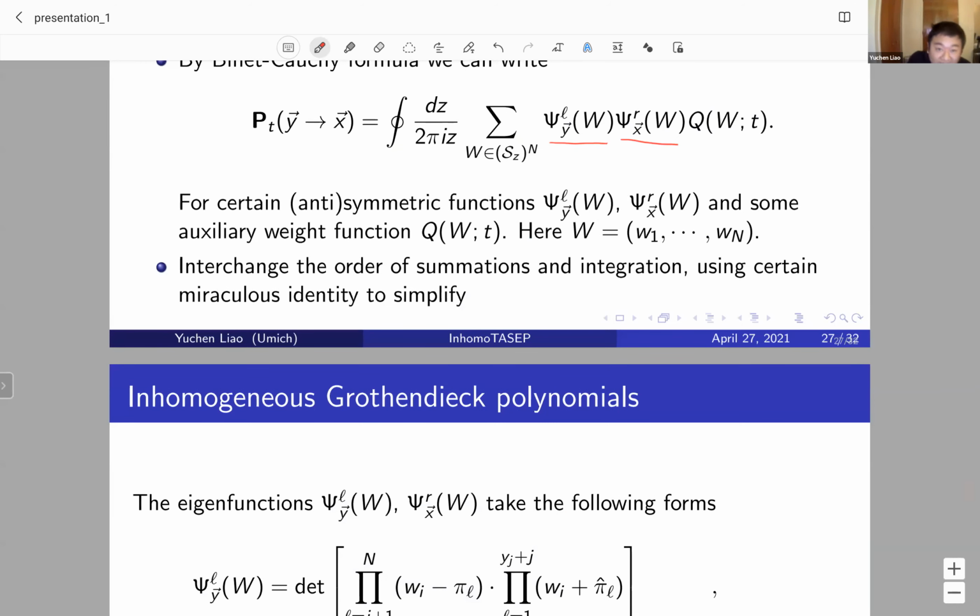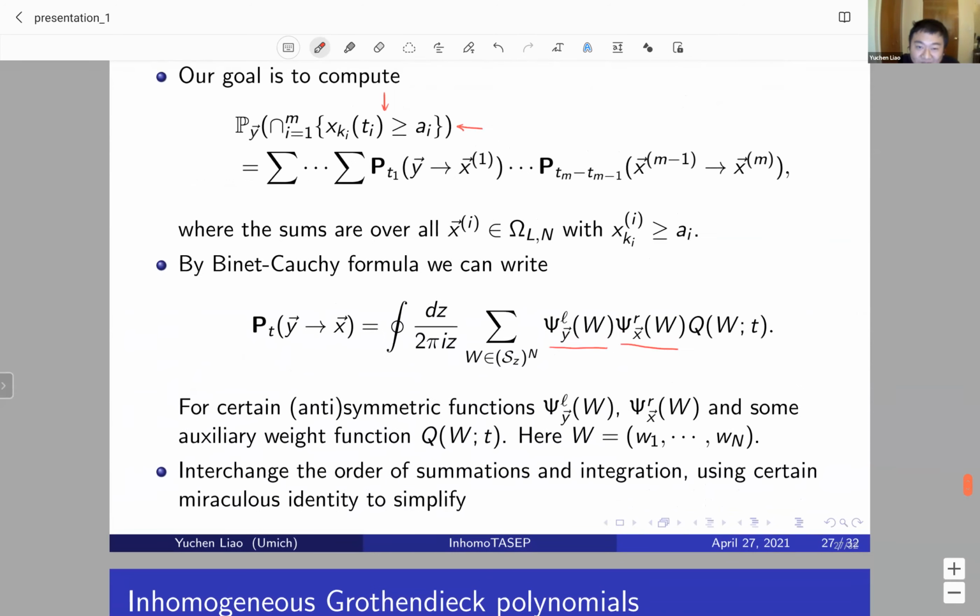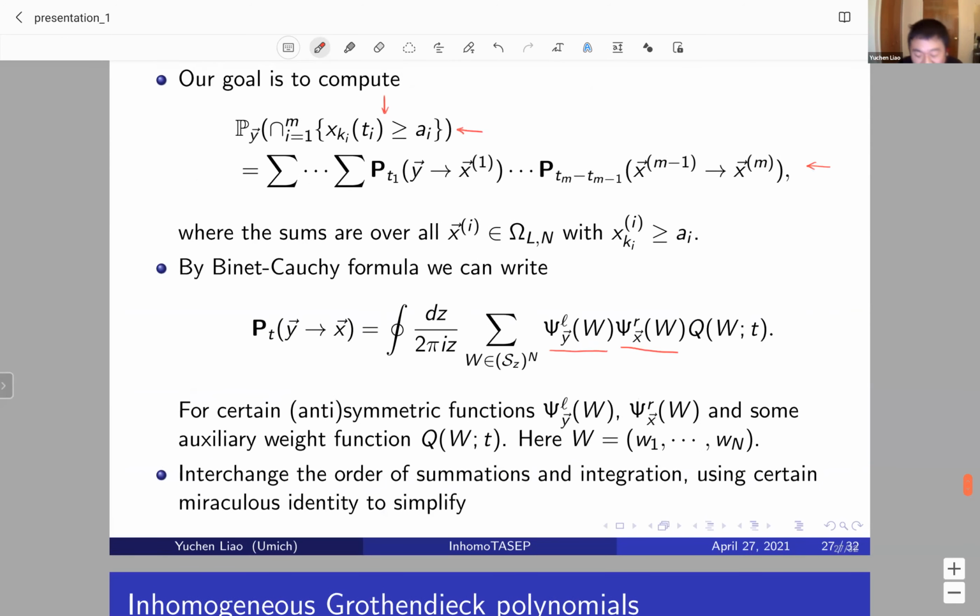And you can write it in this way. Then you plug this back into this huge sum, and then you try to perform this sum. This sum reduces to basically a two-body sum of the type sum over x of phi_L(x; w) phi_R(x; w'). Lots of sums of this type. So really, one only needs to figure out what this single type of sum is.